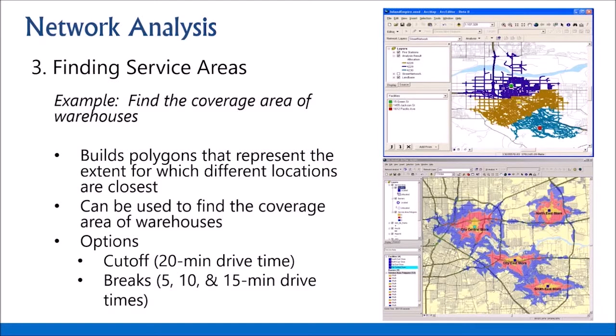So the ultimate result will be a map showing you isochrones, or those areas with equal driving times. So the different colors here represent the same times. So for example, yellow is 5 minutes, red is 10 minutes, and purple is 15-minute drive times.